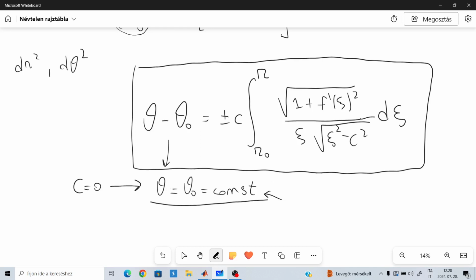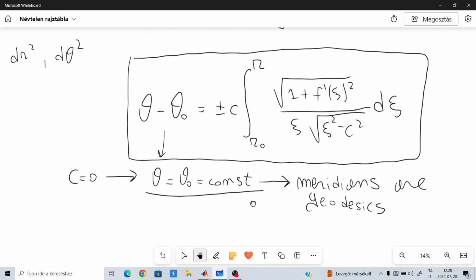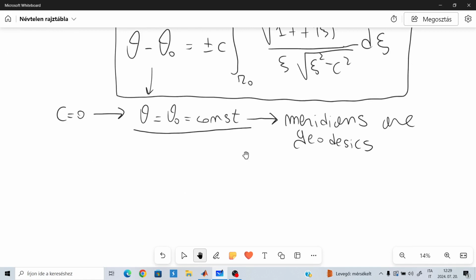So what is this condition? This represents the fact that the so-called meridians are geodesics. And in general, besides meridians, you also have the so-called parallels, and they are described by the equation r equal to a constant.